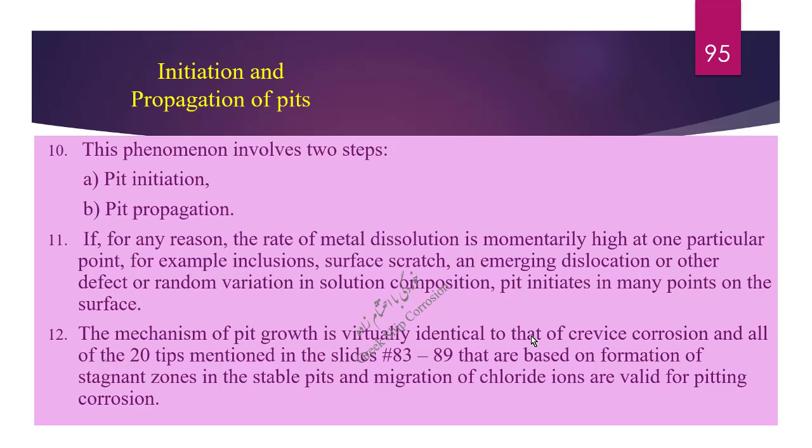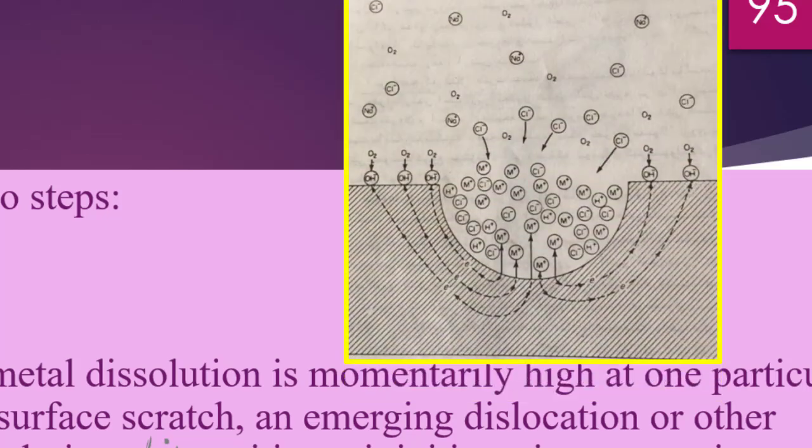The mechanism of pit growth is virtually identical to that of crevice corrosion, and all of the 20 tips mentioned in the slides 83 to 89 that are based on formation of stagnant zones in the stable pits and migration of chloride ions are valid for pitting corrosion.